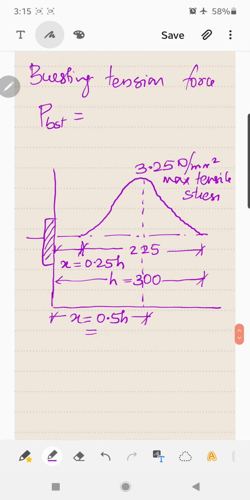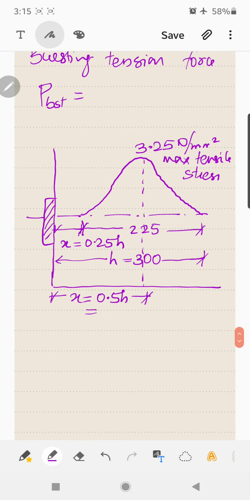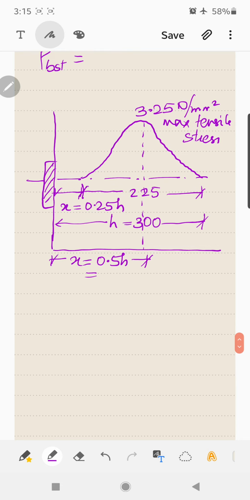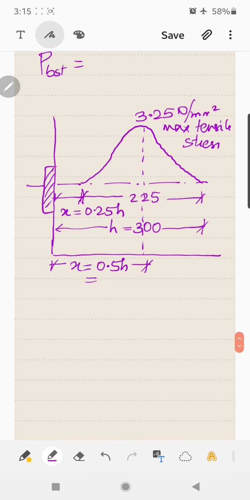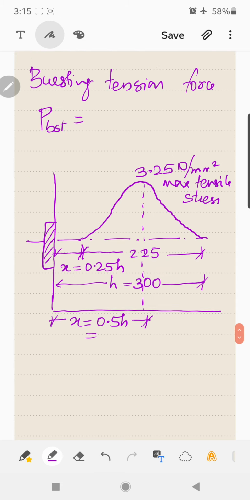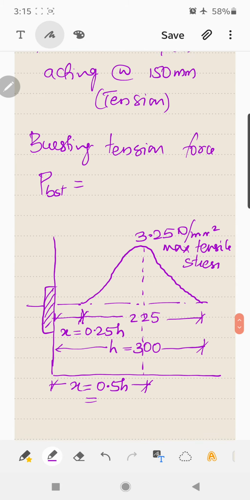Now you can calculate the bursting tension force as the area of this diagram. Now calculate the area. This is a parabola, so it is 2/3 of the rectangular area. You can consider this as a rectangle.